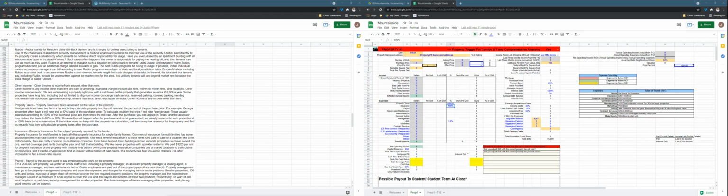But essentially it's a number that, if it's listed as millage rate, you will divide by 1,000. So it's $1 for every $1,000 of property value. If it's listed as a percent, which is per 100, then you will divide that percentage by 100 to get the figure that you would put in here at G22.